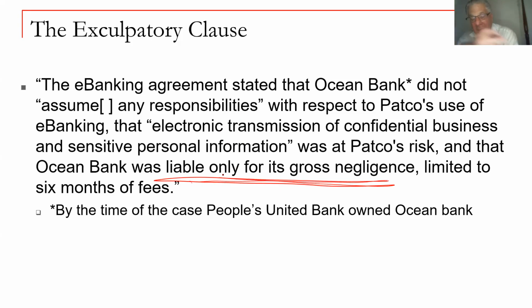They said, we're not liable for ordinary negligence, just for really, really, really awful negligence. And as bad as what they did was, it's not gross negligence, they were just ordinarily negligent. So the exculpatory clause says, if we're just ordinarily negligent, not our problem, it's your problem, right? Because we're not liable for ordinary negligence. So even though they were unreasonable, the exculpatory clause says, not our problem.